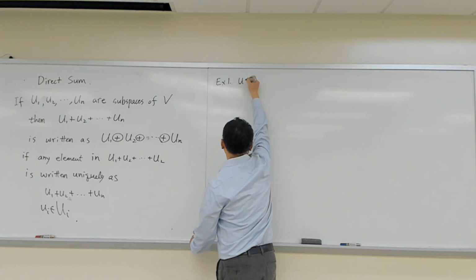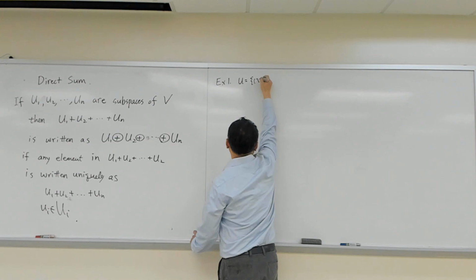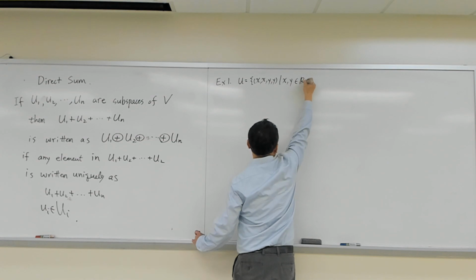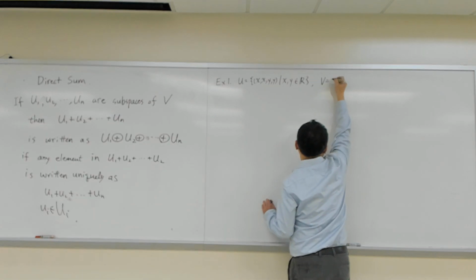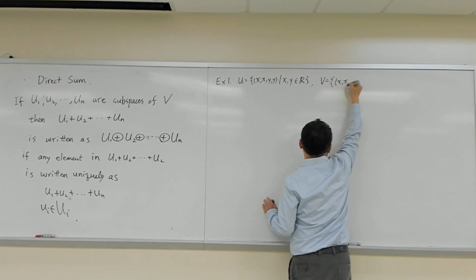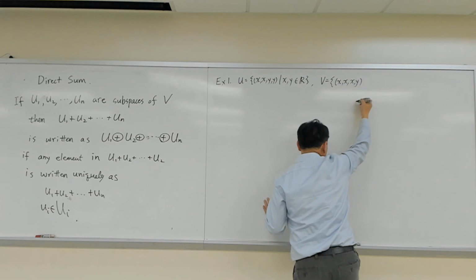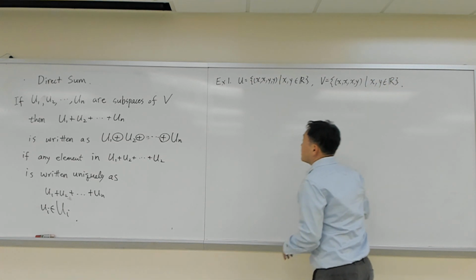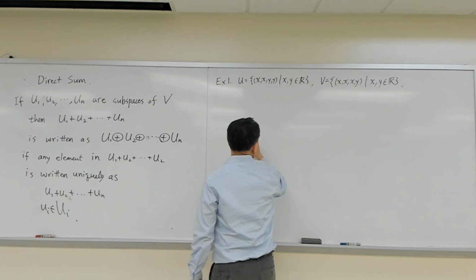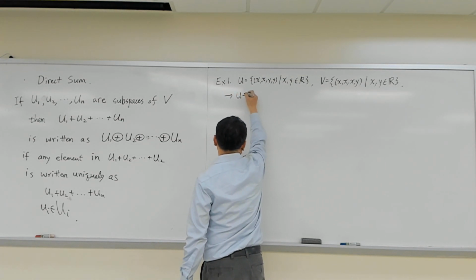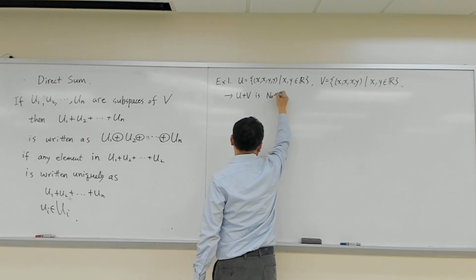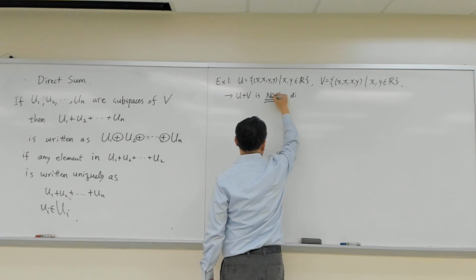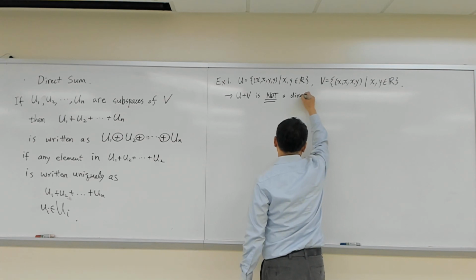So one was U equals (x, x, y, y) with x, y in R, and V equals (x, x, x, y) with x, y in R. And in this case, U plus V is not a direct sum.